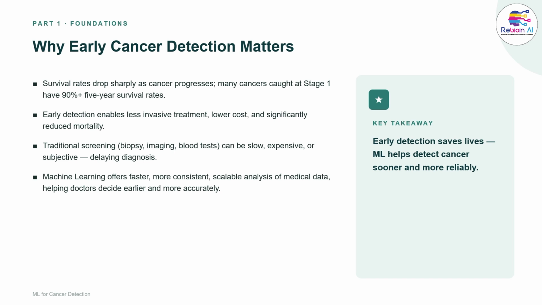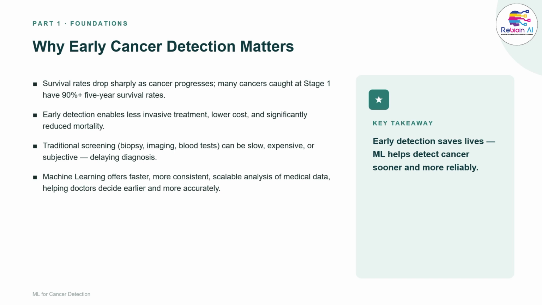Now, why are we obsessing over early detection specifically? Because cancer has stages and survival rates change dramatically depending on which stage you catch it at. If a cancer is caught at stage 1, it might be small and hasn't spread. 5-year survival rates for many cancers are above 90%.